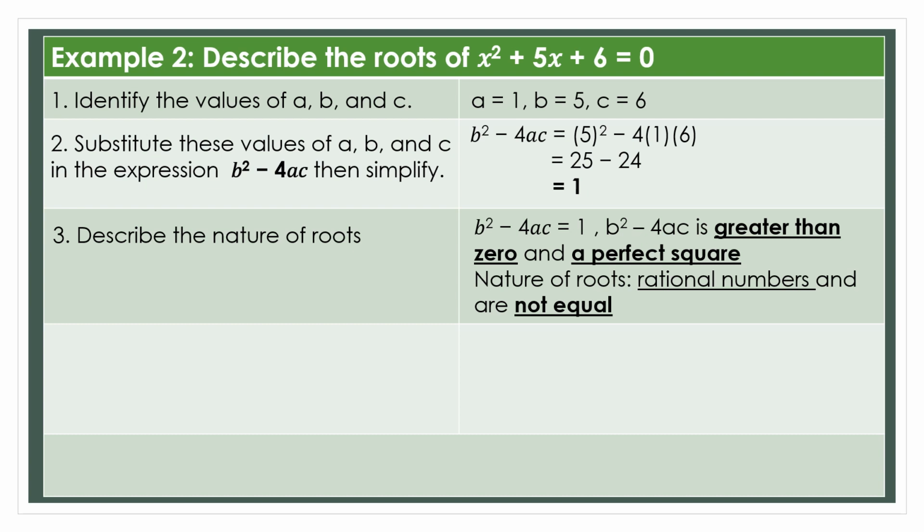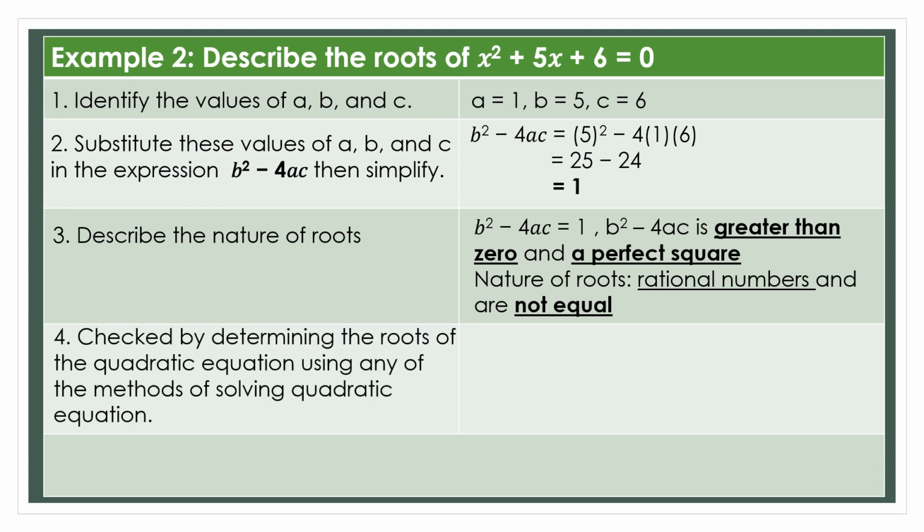The third step is to describe the nature of the roots. B squared minus 4ac is equal to 1, which is greater than 0 and a perfect square. Since 1 is a perfect square number, the roots are rational numbers and are not equal.